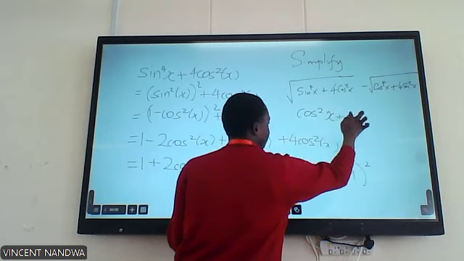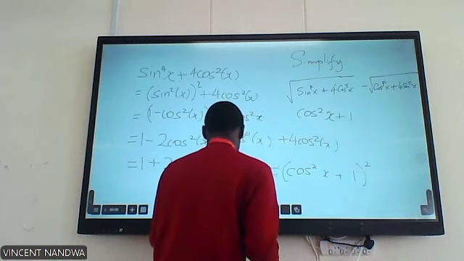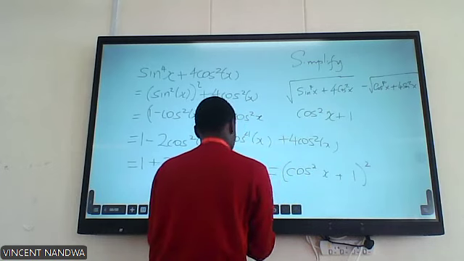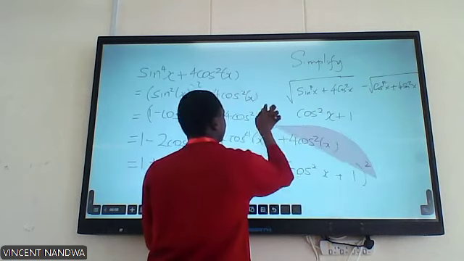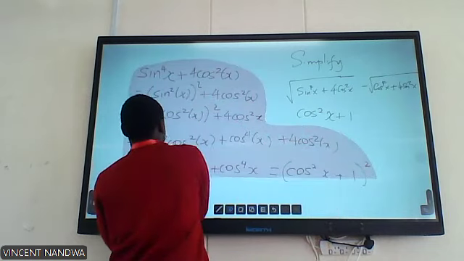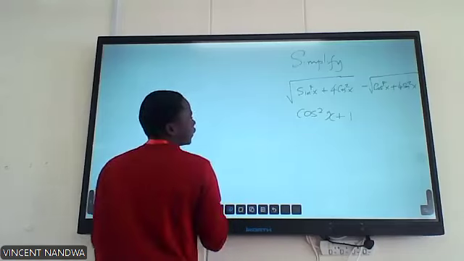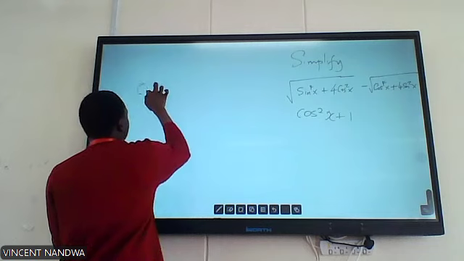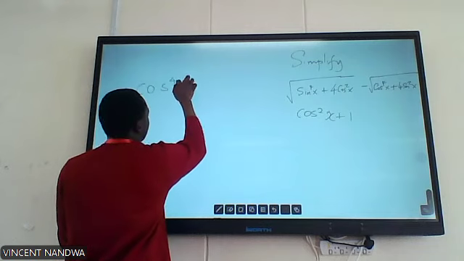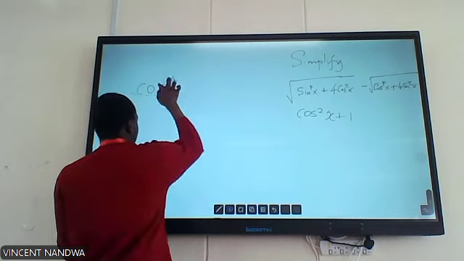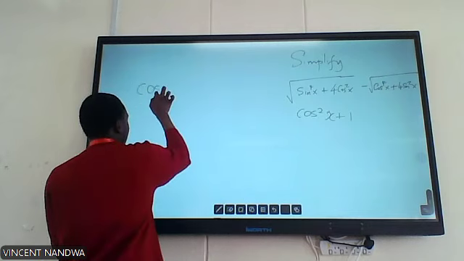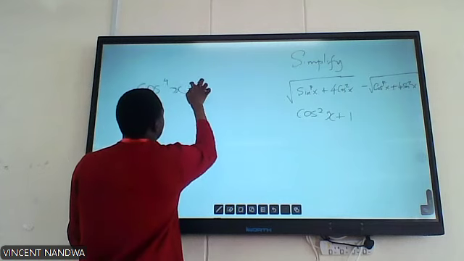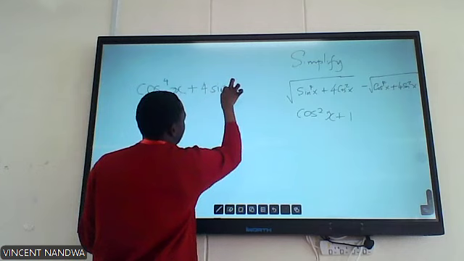plus 1. When you find the square root, you can do the same thing with the other bracket, and you'll get something similar. You get cosine power 4 x plus 4 sine squared x.